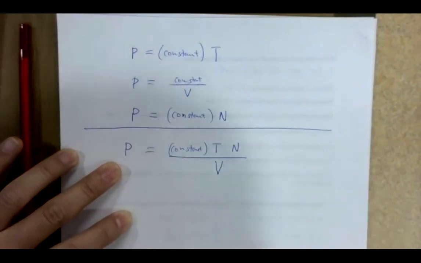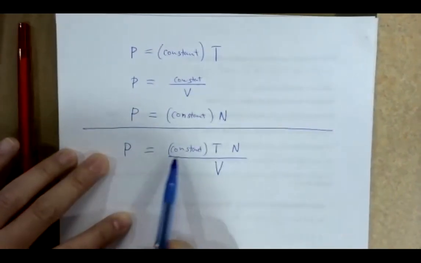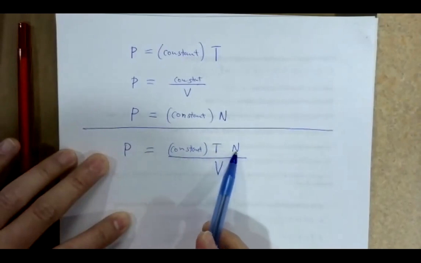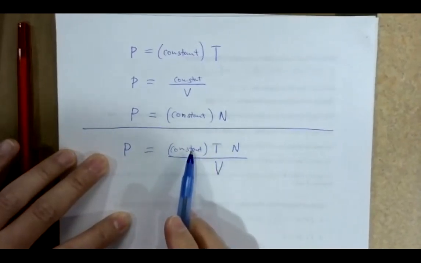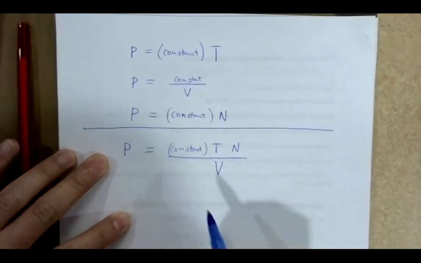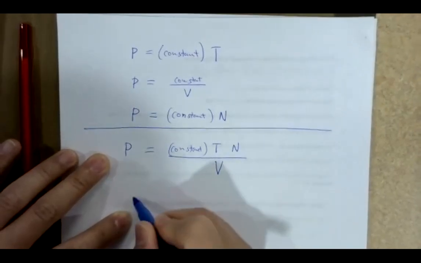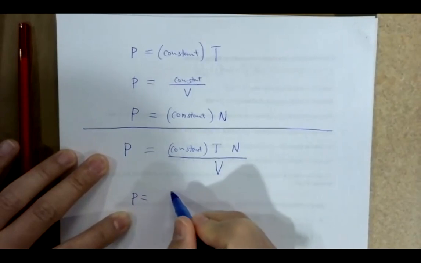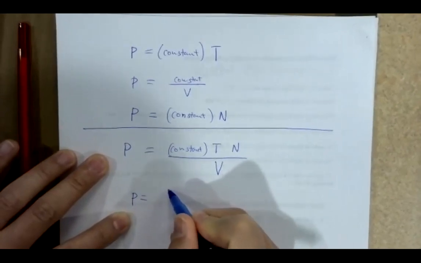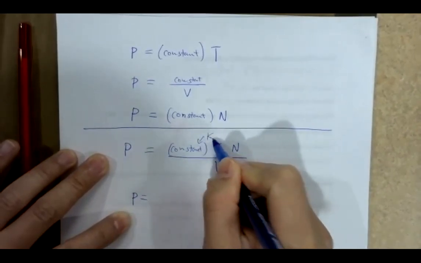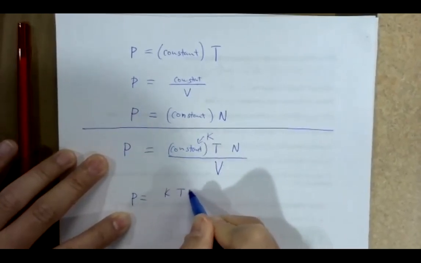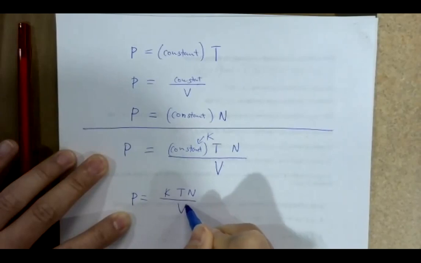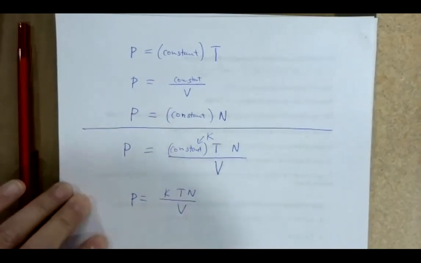So pressure should be equal to a constant number times T times N divided by V, right? Let's call this constant number K. So P is equal to K T times N divided by volume.